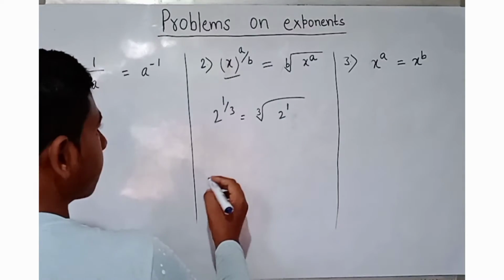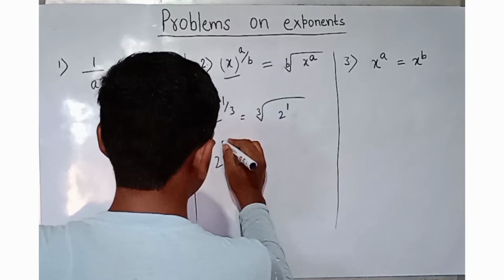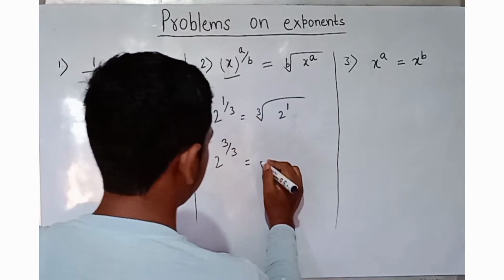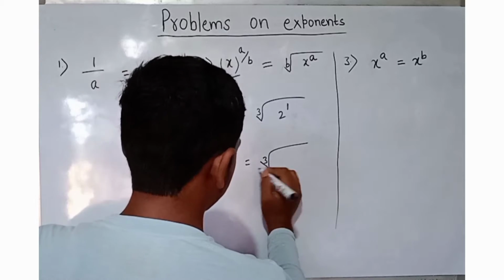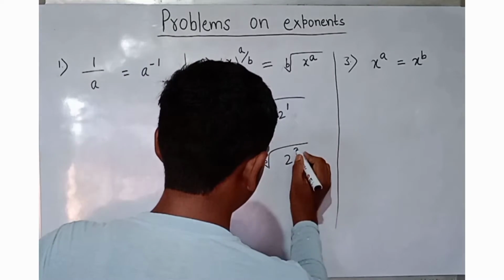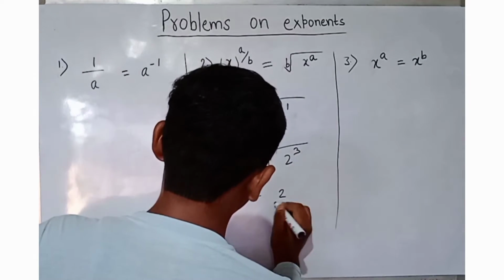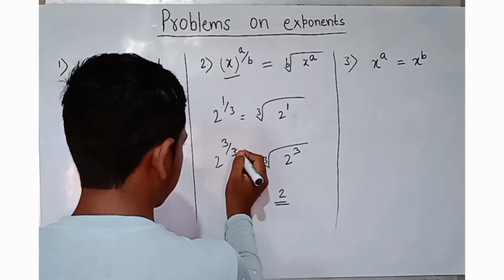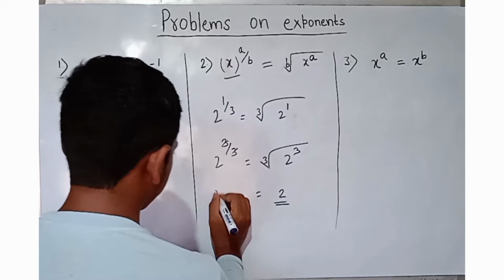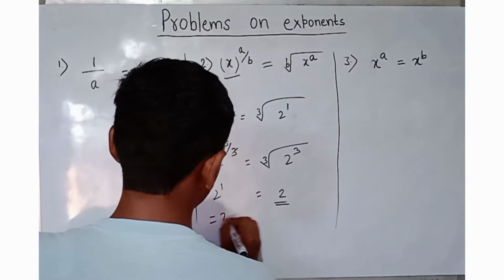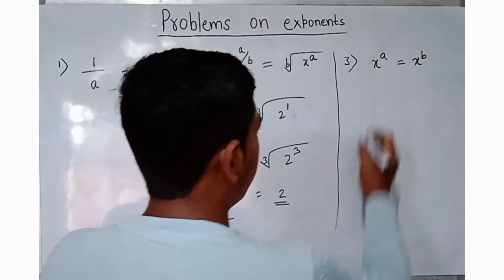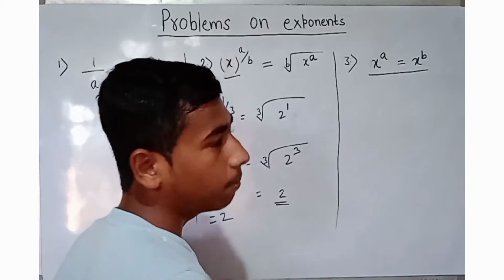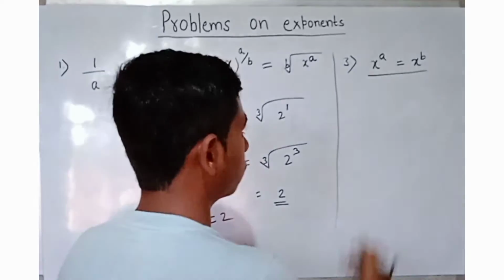And if there is 2 power 3 by 3, then it will be cube root of 2 power 3, so the answer will be 2. Or here we can write directly that 3 by 3 will be 1 and 2 power 1 will be 2. Now on the basis of this law, many questions can be asked to you.